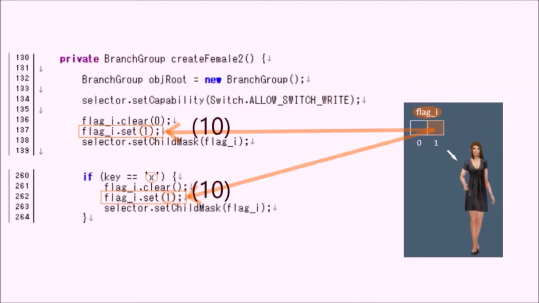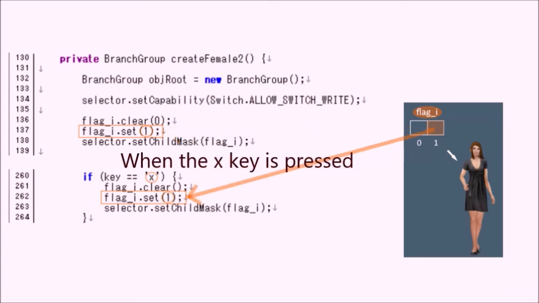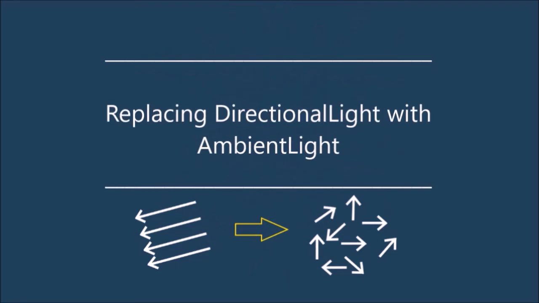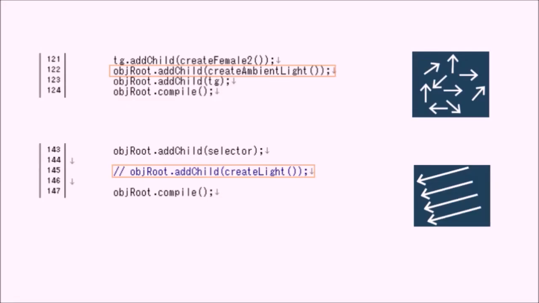10. Initially, when the X key is pressed, replacing directional light with ambient light. 11.